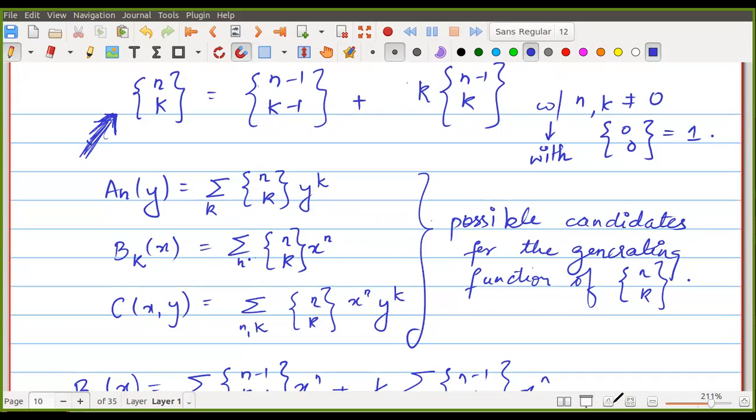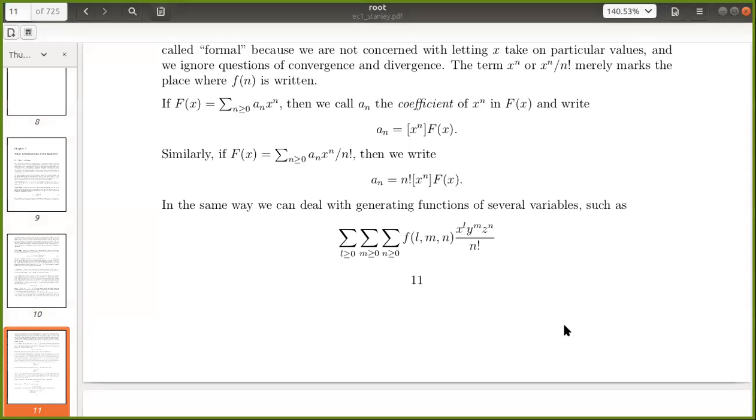Any idea how to come out of this? For some reason it seems. Yeah. Are you seeing the screen? Yes. The book. The book.